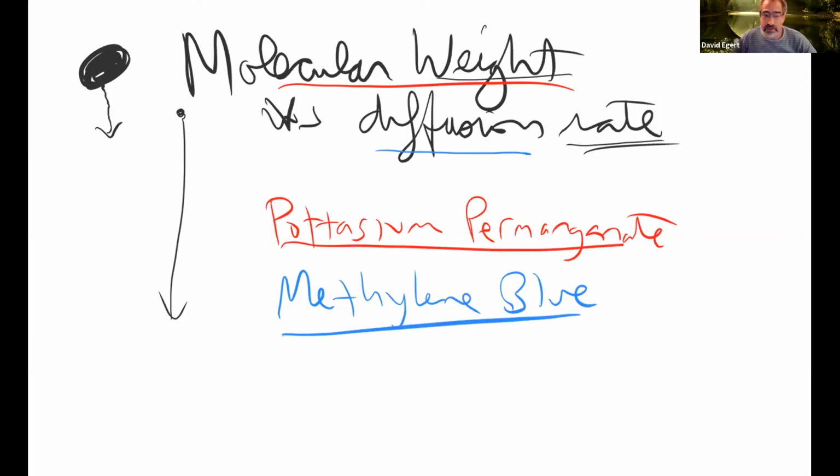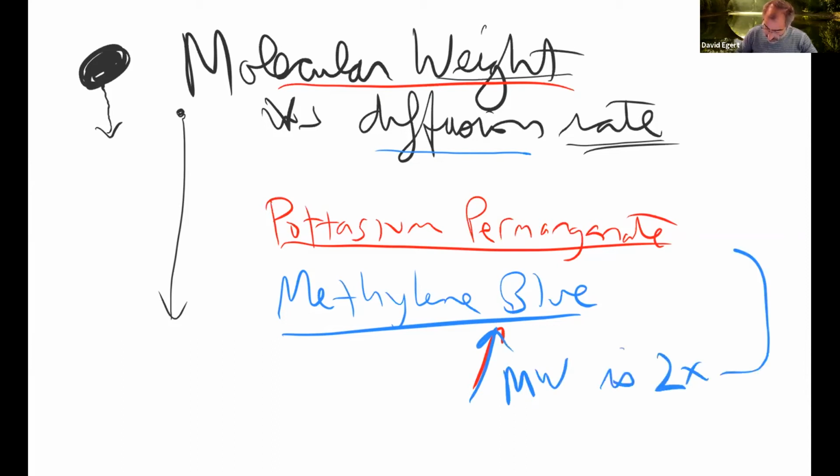Normally, I would say be really careful with them because they'll stain your clothes, but that's one of the benefits of doing this online: you're not going to stain anything. Methylene blue has a molecular weight 2 times the molecular weight of potassium permanganate. It's much heavier.